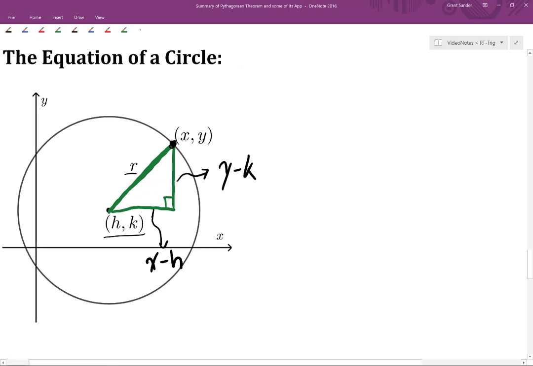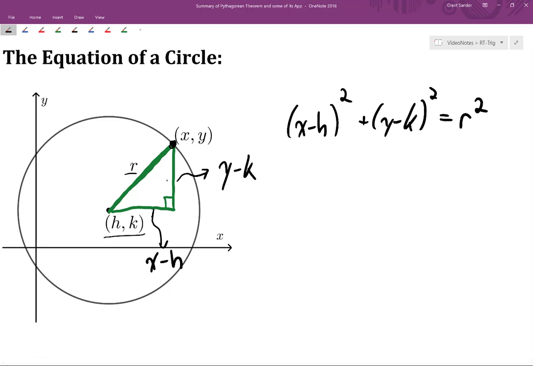Therefore, we should have x minus h squared plus y minus k squared is equal to r squared. So again, we just draw a right triangle, represent the lengths of its sides, and then relate them using the Pythagorean theorem. This gives us an equation for a circle centered anywhere and having a specific radius.